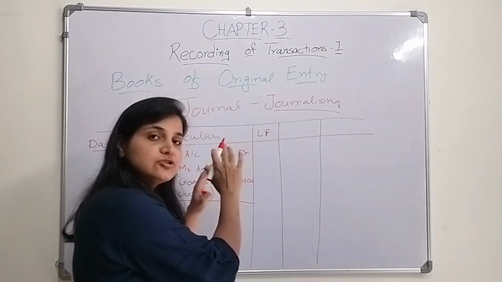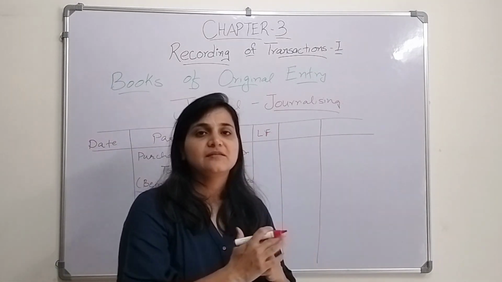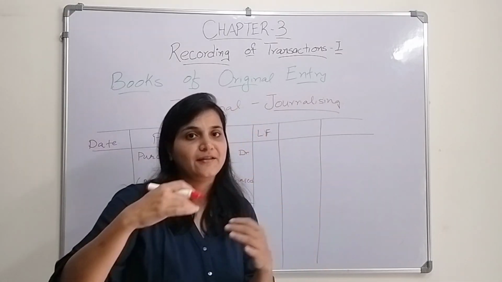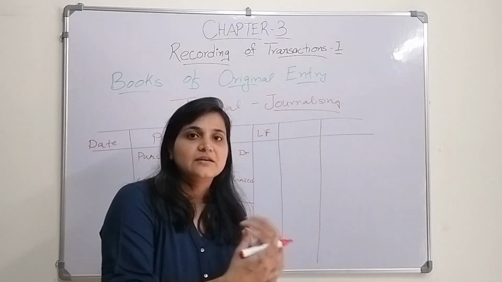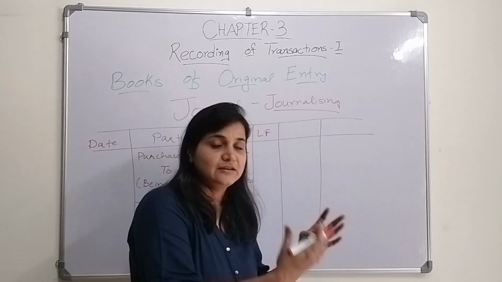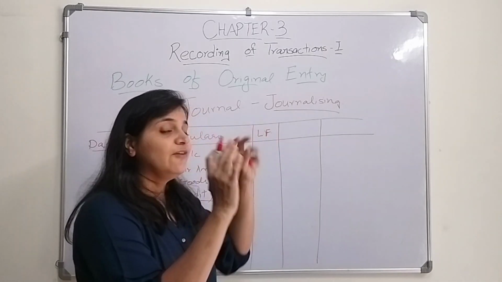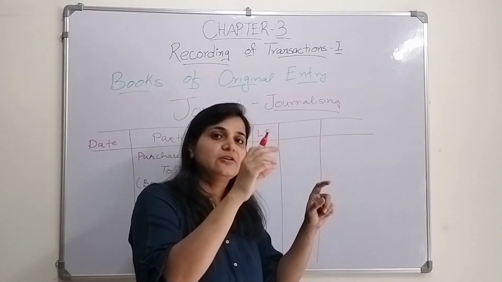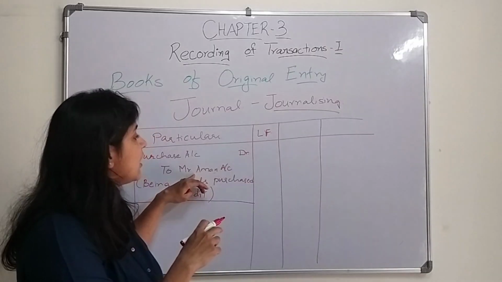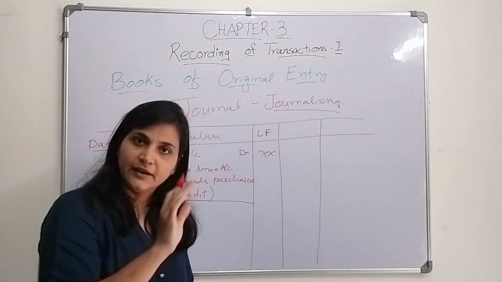Some post it weekly, some fortnightly, some daily, based on the number of transactions happening in that particular entity. When they post it, at that time they will write that particular account number.